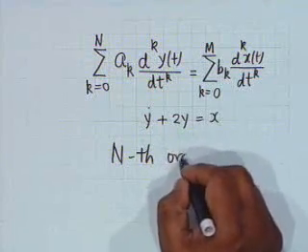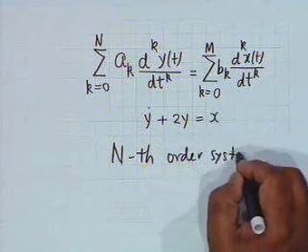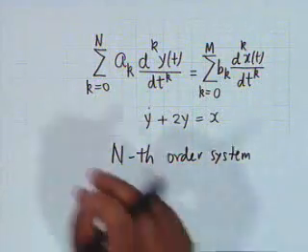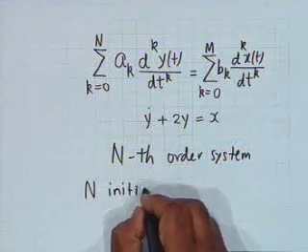Similarly, if capital N is equal to 1, we call it a first order system, and we have already seen an example of a first order system, y dot plus 2y equal to x. In general, therefore, this equation represents an nth order system. And you know that to be able to solve an nth order system, you require n initial conditions.